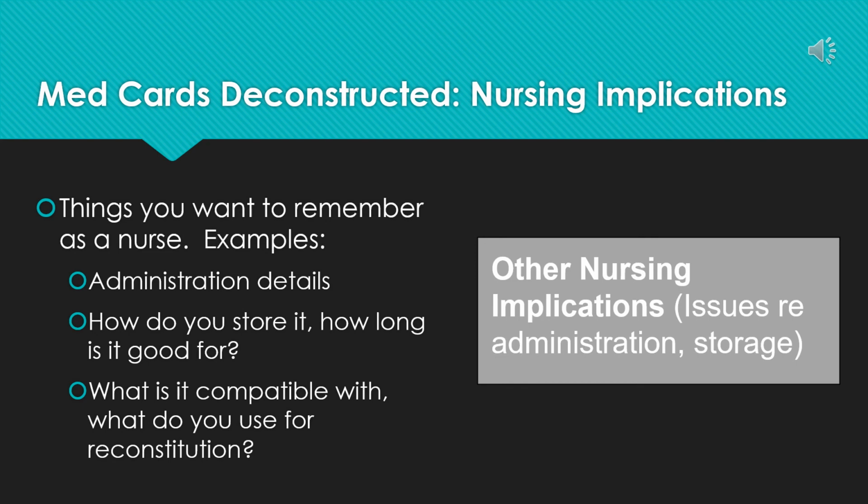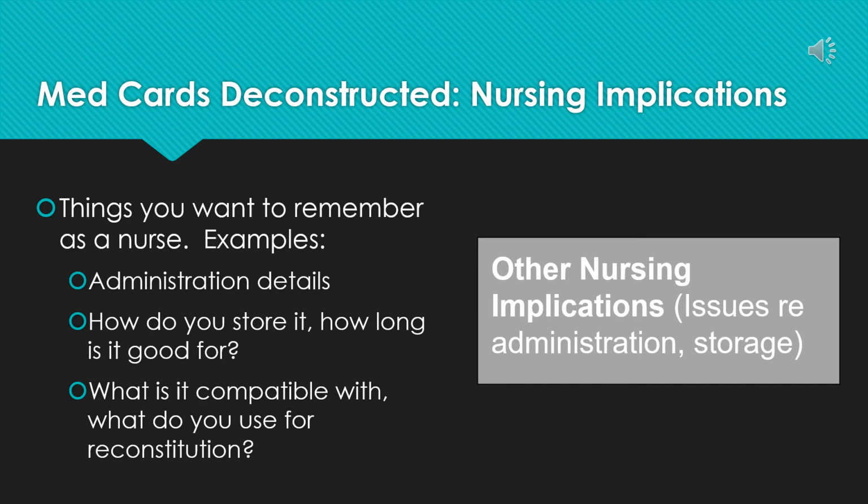What is it compatible with, which I just talked about a little bit, but there are certain drugs that are compatible with dextrose, D5W. There are certain drugs that aren't. So you've got to know what you're mixing it with. Also, if you're giving something that you have to reconstitute, and you'll talk about this in your skills lab, but if the drug is in a vial, it comes in a powdered form, you squirt liquid in there, shake it up, and reconstitute it, and it becomes a liquid drug, what do you use?